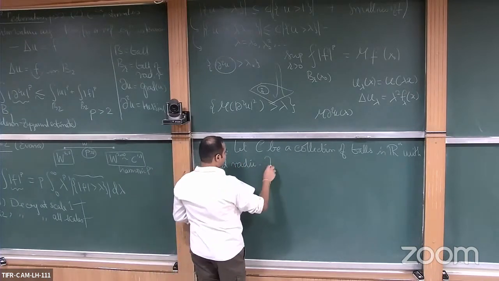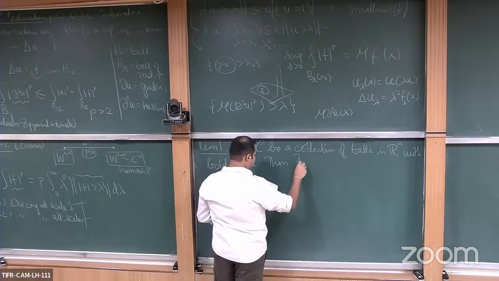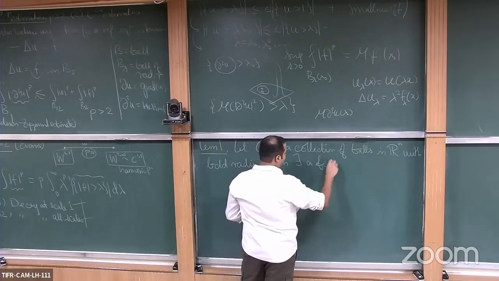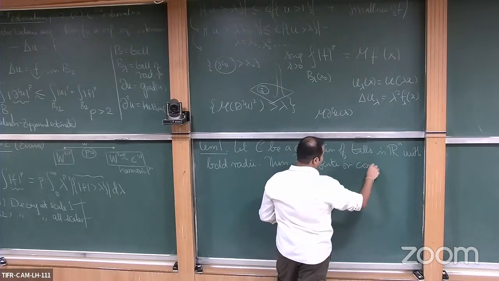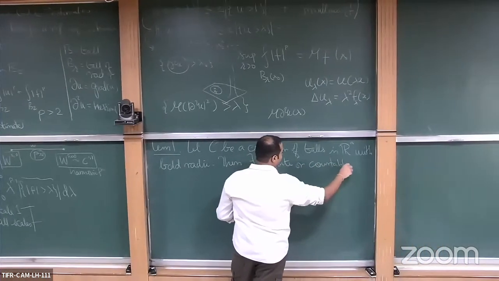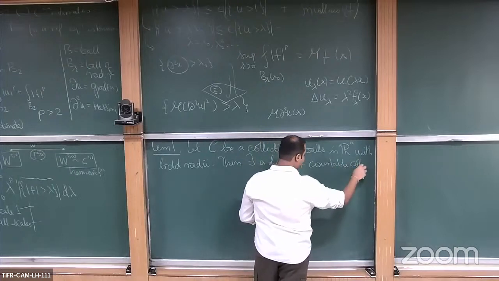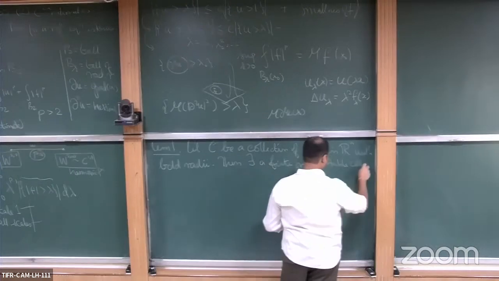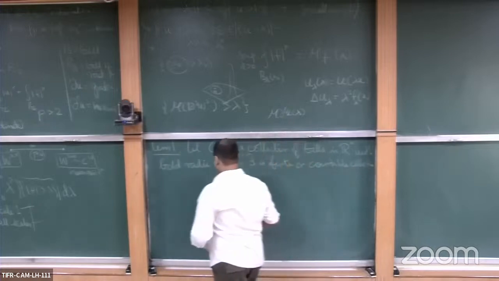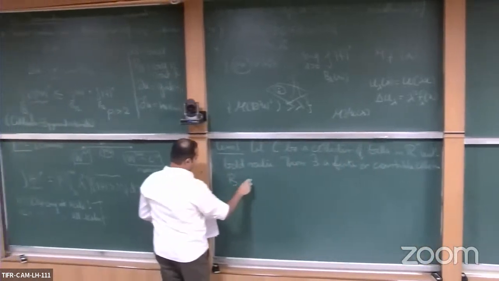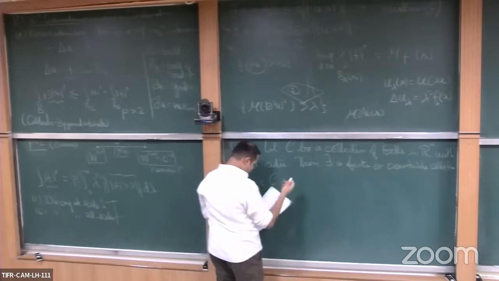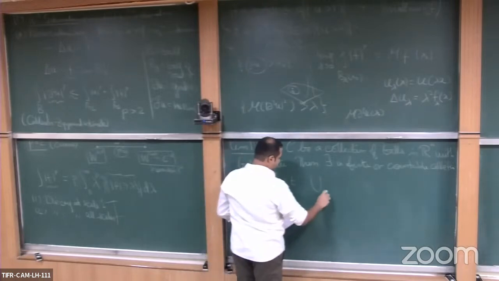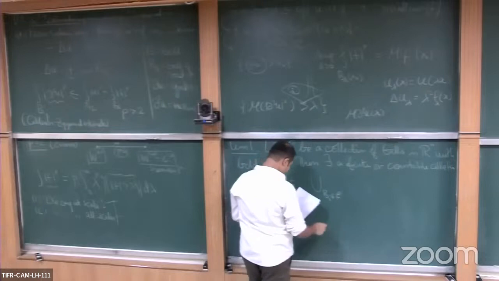Then there exists a finite, or it can be countable, sub-collection B_i in the collection such that 5 times B_i covers it.